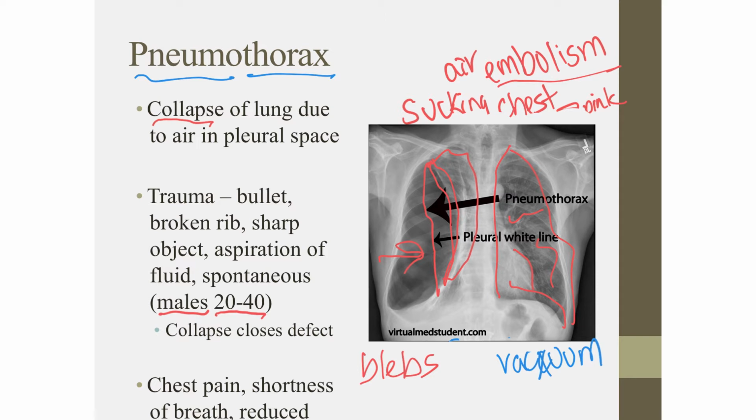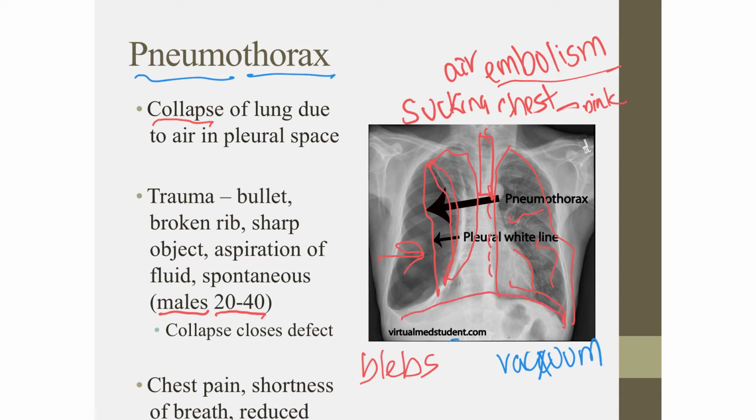So if you're looking at imaging, there's a couple of things that let you know that it's a pneumothorax and not something else. When there is a spontaneous pneumothorax or a pressure gradient pneumothorax, I want you to notice the trachea here. The trachea remains in the midline. So it's at this middle portion of the body where it's supposed to be.